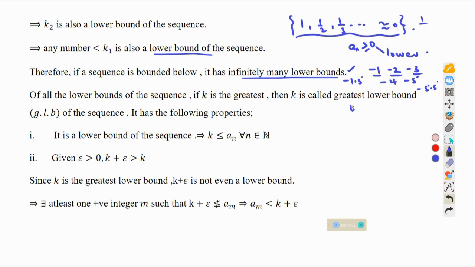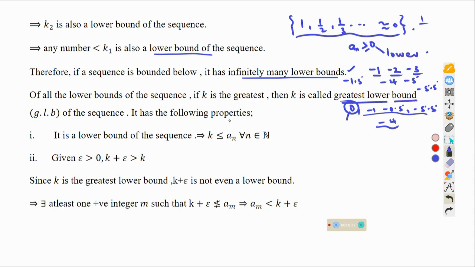But out of the 0, out of the -1, out of the -0.5, out of -5.5, out of -4, all those terms that are less than 0, which is the greatest? So when you look at all these, the greatest is actually 0. So 0 becomes the greatest lower bound.